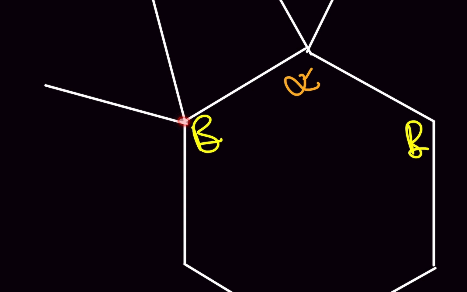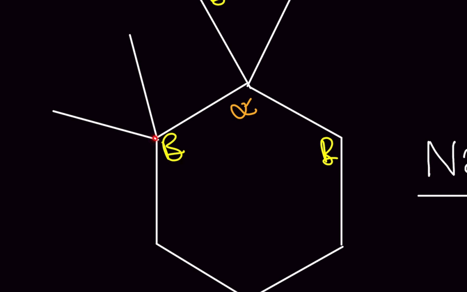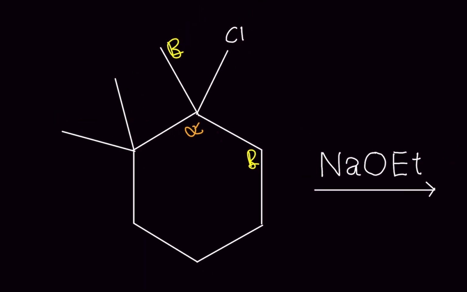It already has 4 bonds. There's no hidden hydrogen here, then it would be 5 bonds. So remember, this has 1 bond, 2 bonds, 3 bonds, 4 bonds. No available protons. So this immediately eliminates one of the answers. The double bond will not be here.